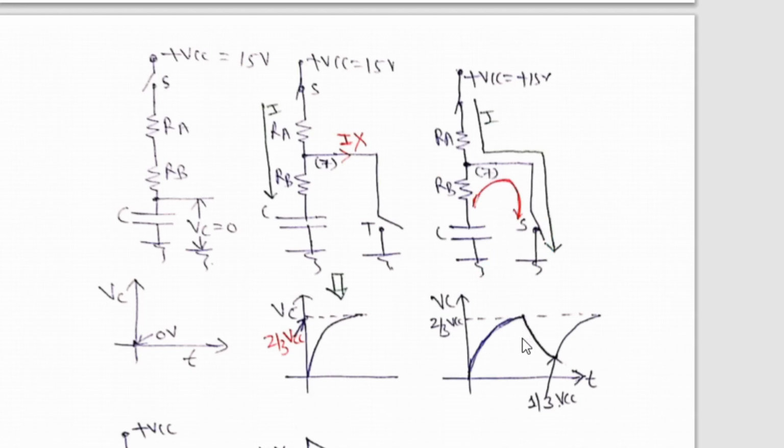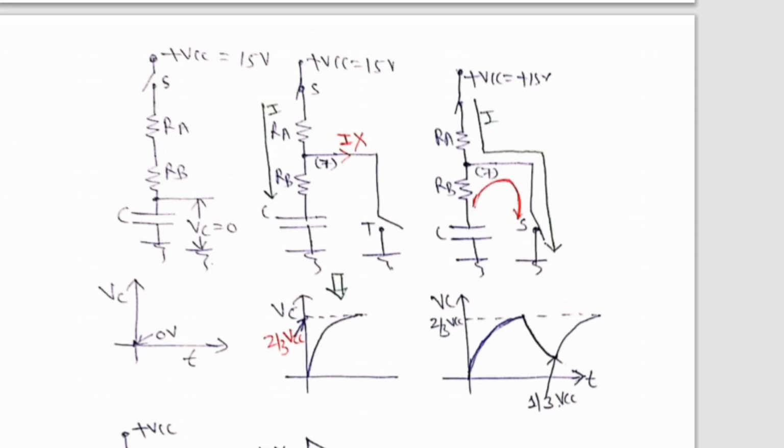This discharging of the capacitor will take place only up to 1/3 of Vcc, means 5 volt, and not below that, or just below 1/3 of Vcc by a few millivolt. So it is just said that it is up to 1/3. In this way the capacitor gets discharged to 1/3 Vcc and will get charged to 2/3 Vcc. But remember, charging takes place through RA and RB, and discharging takes place only through RB.